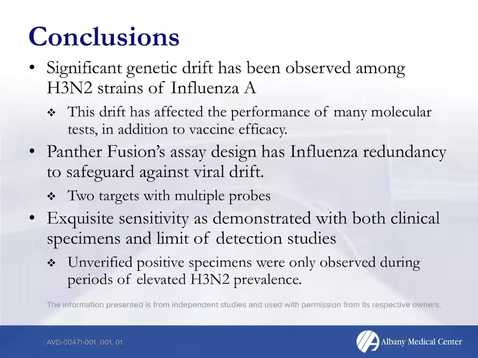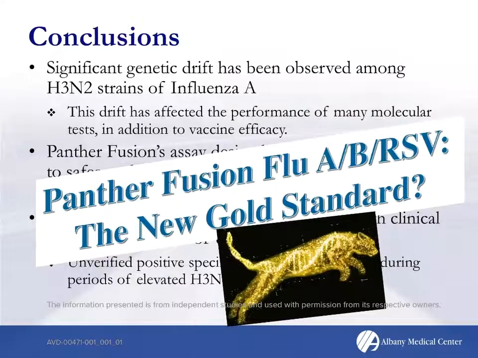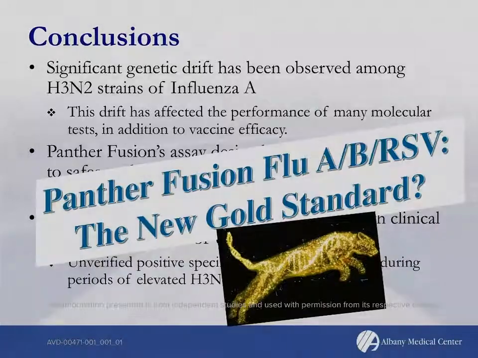And the exquisite sensitivity was demonstrated with both our clinical specimens and our limit of detection studies. The fact that the unverified additional positive samples were only observed during a period of elevated H3N2 prevalence, and the such low level of virus that this assay can detect, makes me feel that these positives are highly likely to be true positives. So it begs the question of whether or not the Panther Fusion is the next gold standard, or the new gold standard, for Flu A/B testing.